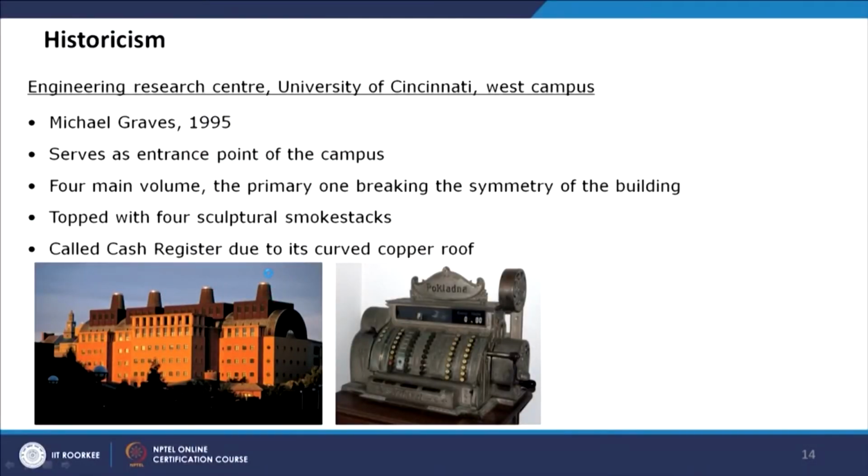Now also, locally this is called the cash register due to the look of the building. On top of that there's this metal cladding which looks like a cash register of that era.